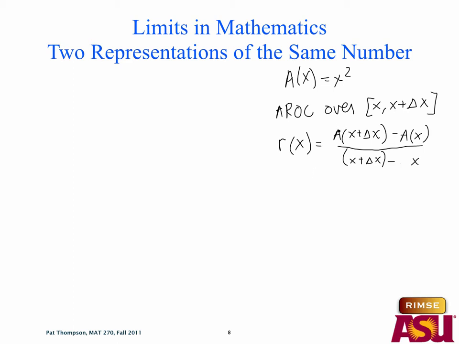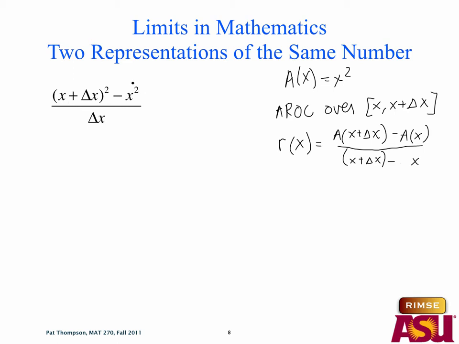In particular, when I write A of x plus delta x, what is that? x plus delta x squared. Great. So A of x plus delta x is x plus delta x squared, right?